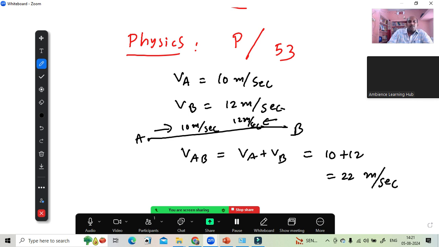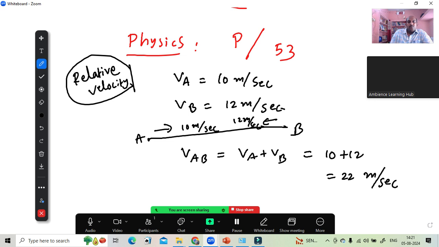This is the concept coming under relative velocity. If both the objects are approaching each other, then we need to do VA plus VB.